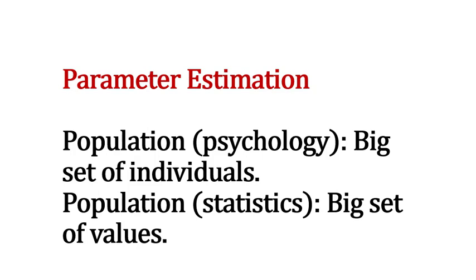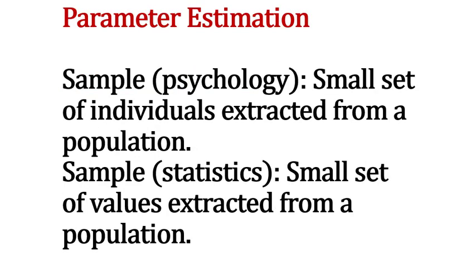And sometimes population in statistics is a theoretical distribution. But I would like to think of a population as a big set of values. And you're going to see how this will be helpful when I explain the issue of sampling distributions in a while.